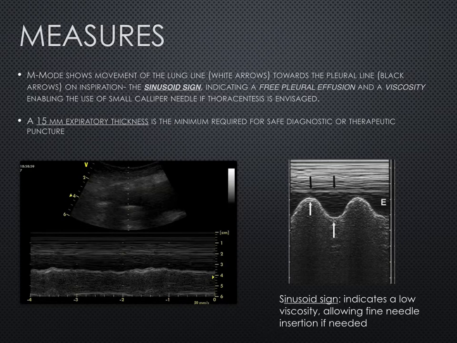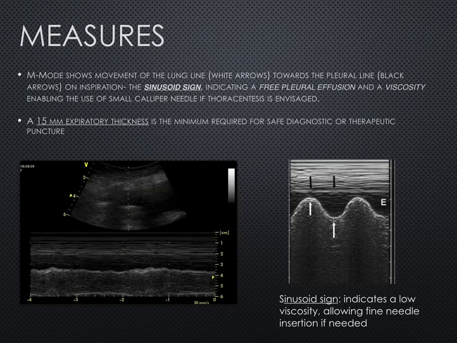And what we'll see is that with a fluid that is less dense or less viscous, the movement of that pleural line within that fluid is going to be greater than if the viscosity of the fluid is higher, which would restrict that movement of the pleural line more readily.